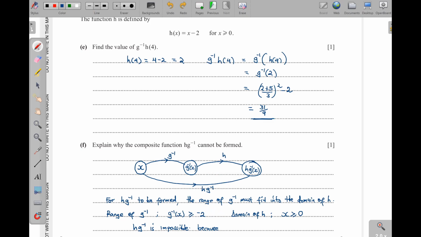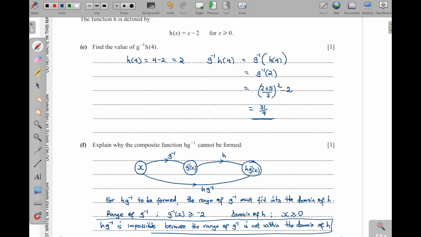Now, hg inverse is impossible because the range of g inverse, okay, is not within the domain of h. So this becomes my answer. Just this. I've used these ones here to show you how it comes about.